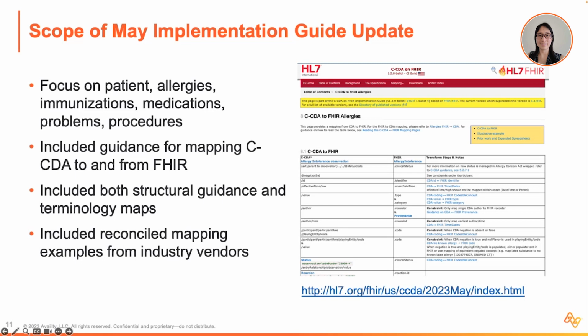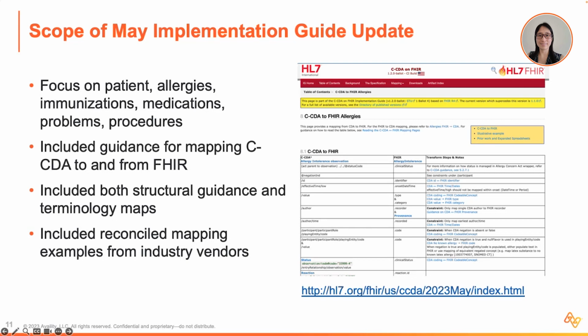And the mapping guidance has included the guidance from both the C-CDA to FHIR mapping, which has been the focus, especially for the vendor sample harmonization side. But we have also included the guidance from mapping FHIR to C-CDA. The guidance has also included both structural guidance and the terminology maps.